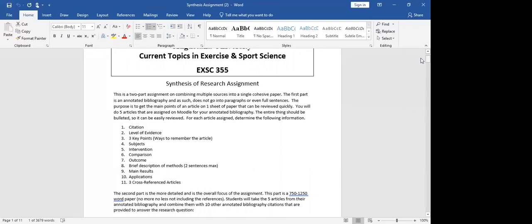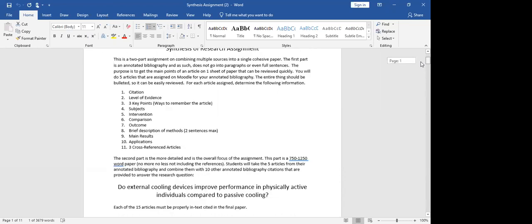For number 3 there, 3 key points. And I put in parentheses there ways to remember the article. So these are going to be your quick, down and dirty kind of things to remember or identify the article.